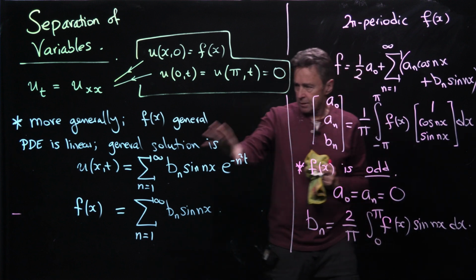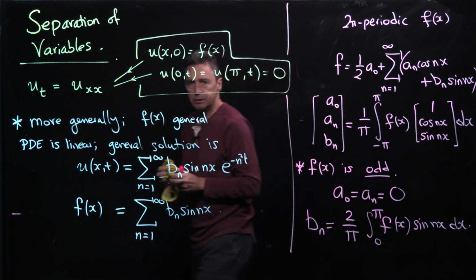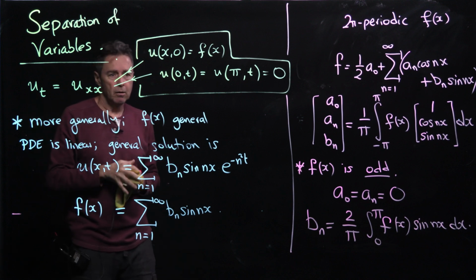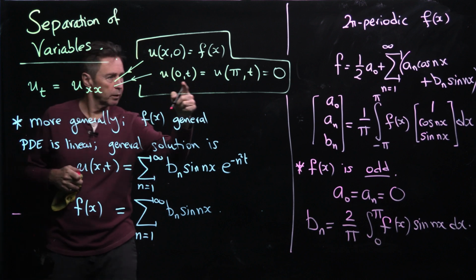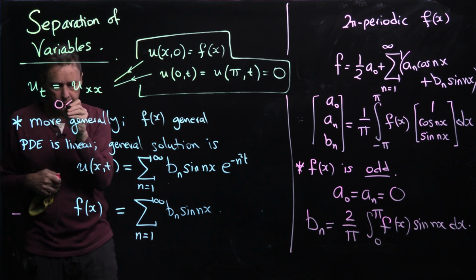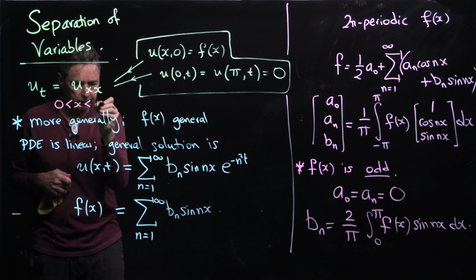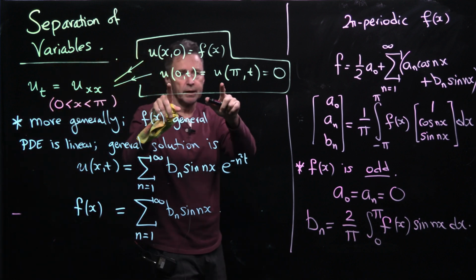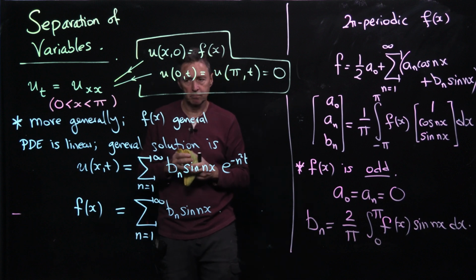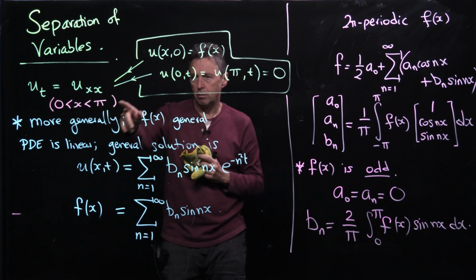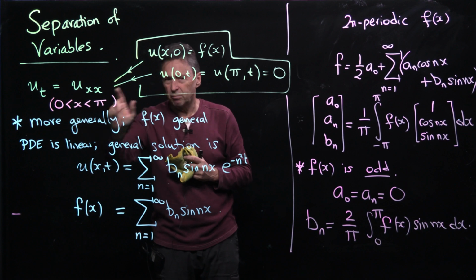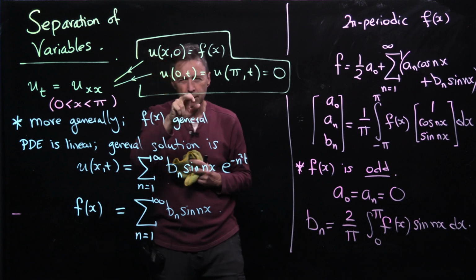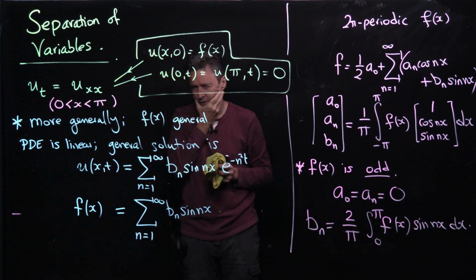There's still a bit of a discrepancy between the left and the right. Let's just go back and look. We have the PDE. We're solving that over a certain interval, and given where the boundaries were, we're solving it between x is 0 and x is pi. And we're saying that it has to vanish at the ends. So u or f, what we're interested in is defining them between 0 and pi and then making sure that they vanish at the ends.